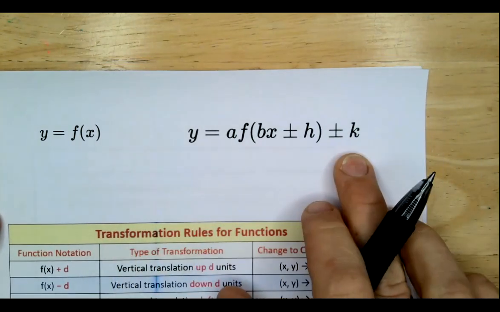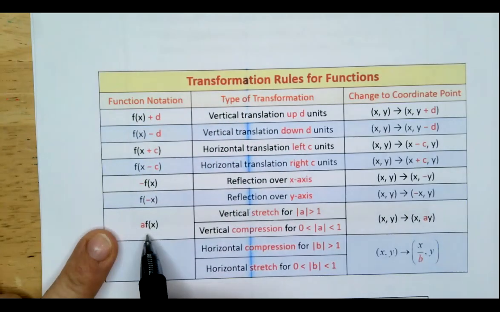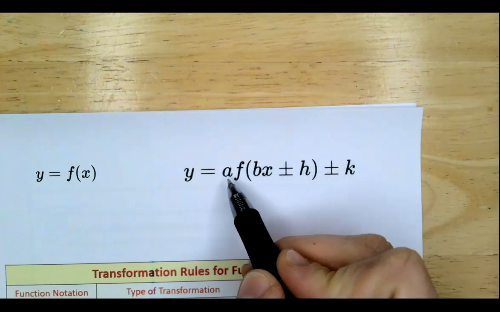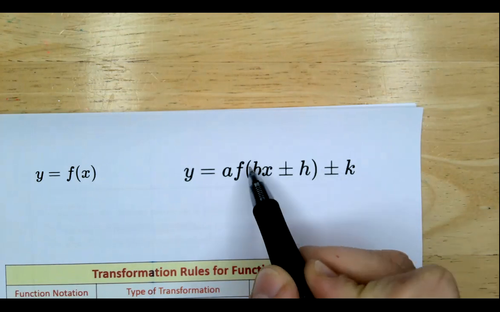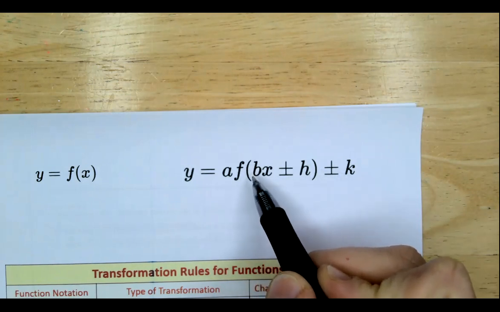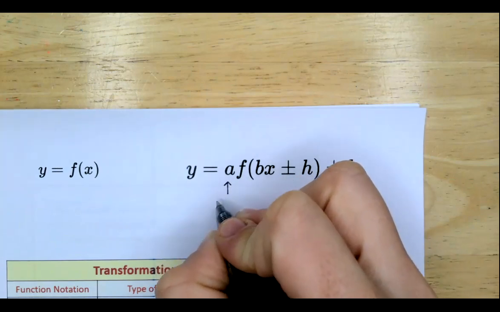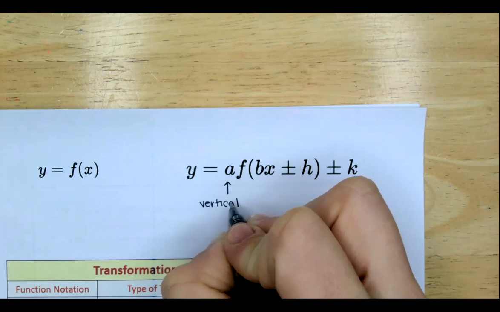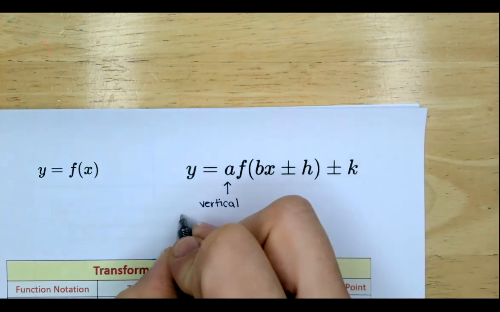Here is the transformation, okay? If you put a number in front of the entire function, what you're doing is vertical reflections, stretches, and compressions.